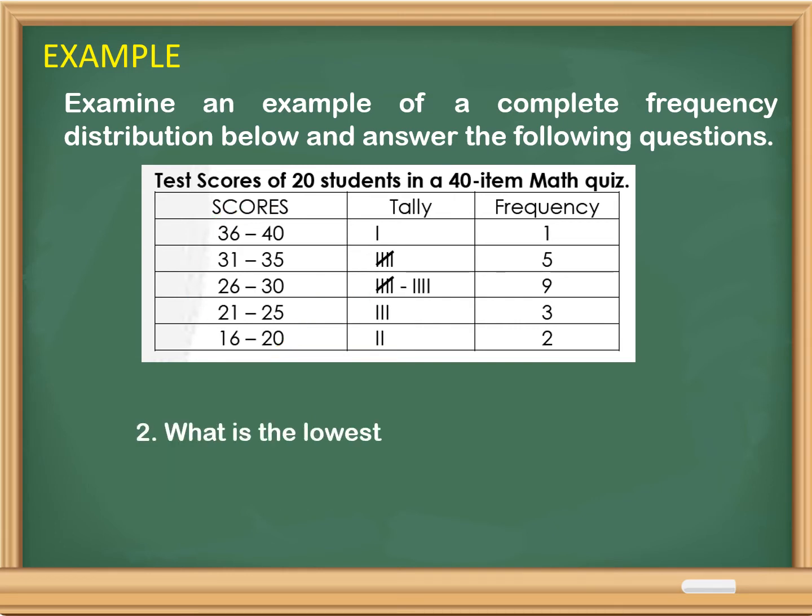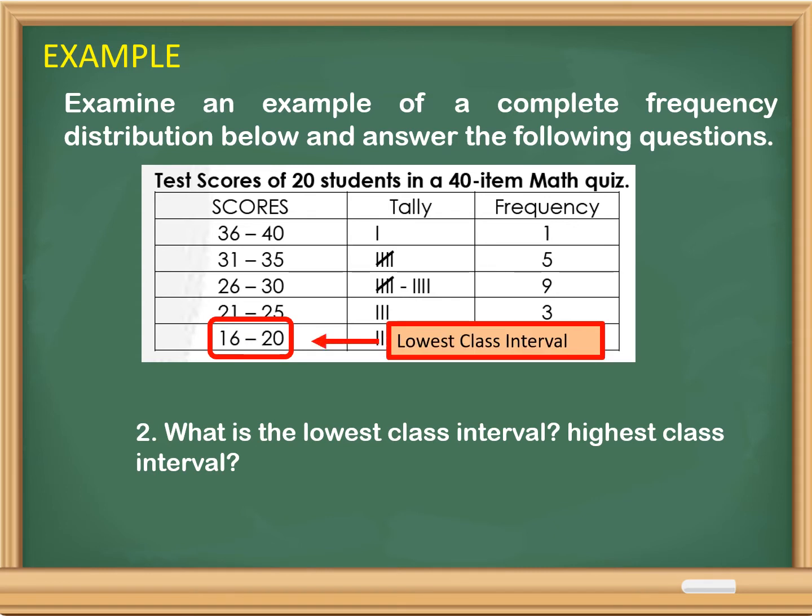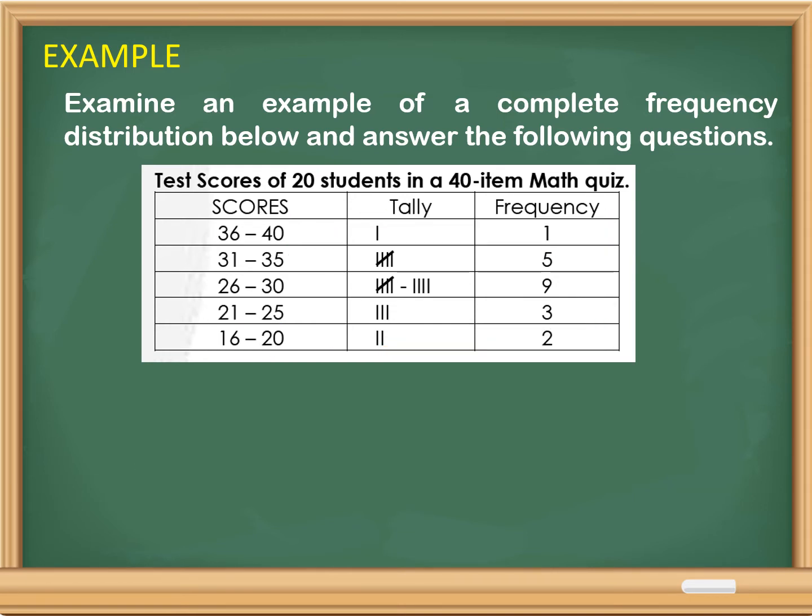Number 2, what is the lowest class interval? Highest class interval. 16 to 20 is the lowest class interval. 36 to 40 is the highest class interval. Number 3. What is the class size?